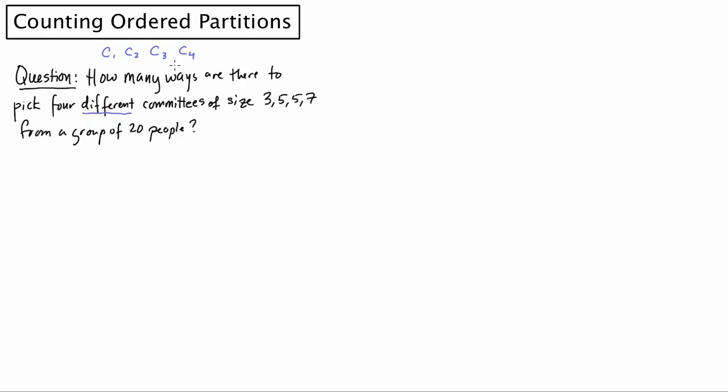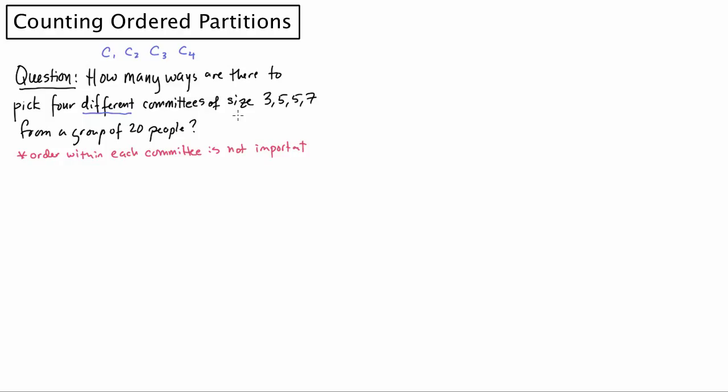Another thing here is that hopefully it's clear that the order within each committee is not important. So if I choose 3 people to be in committee 1, it doesn't matter the order in which I put them into committee 1 because at the end of the day they're still the same 3 people.